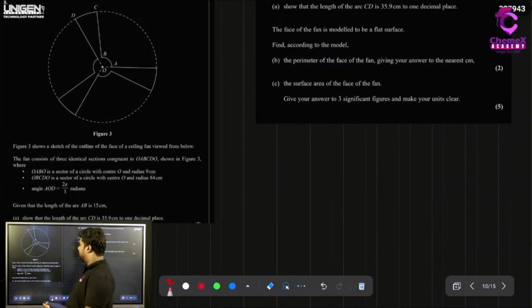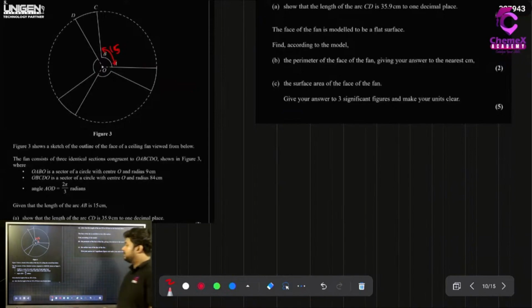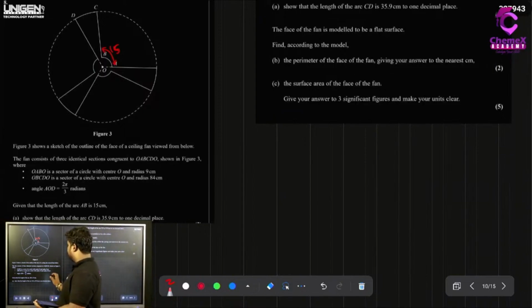The length of the arc AB is 15. So what's AB? This length is 15. So they are asking AOD. AOD is, where's A?